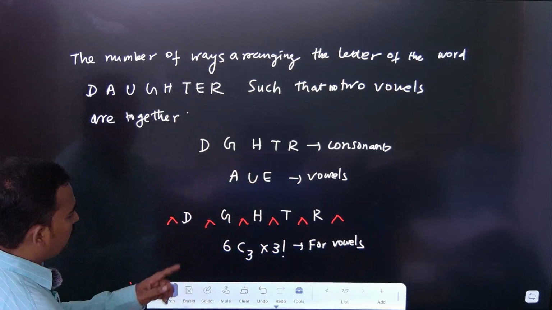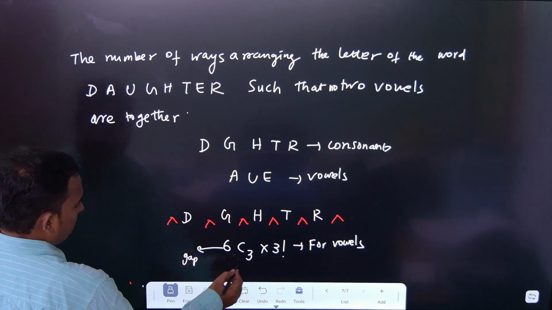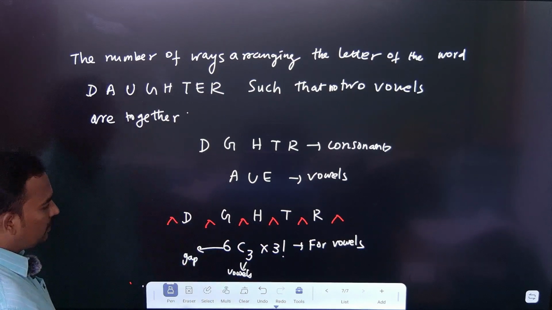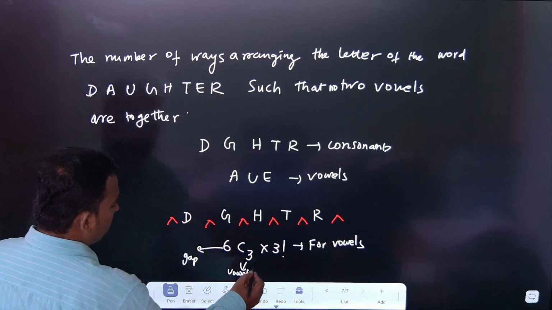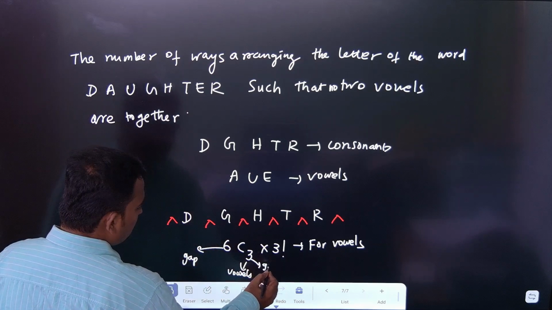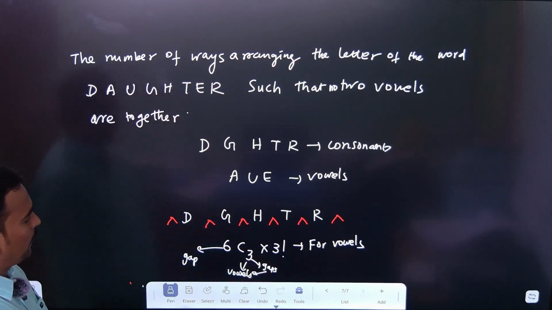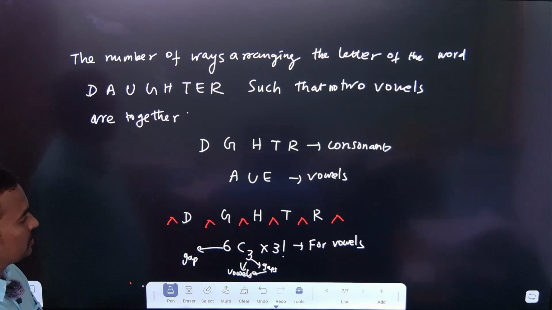Right? This is for the gaps, this is for the vowels. 6 gaps are there, you have to select 3 gaps which are filled by vowels, right? Understand? And there is no restriction on the consonants.